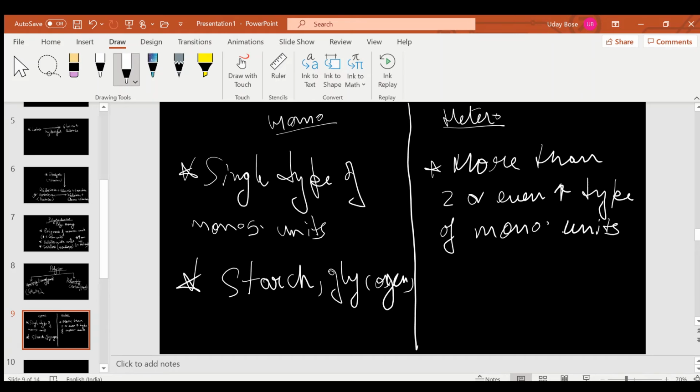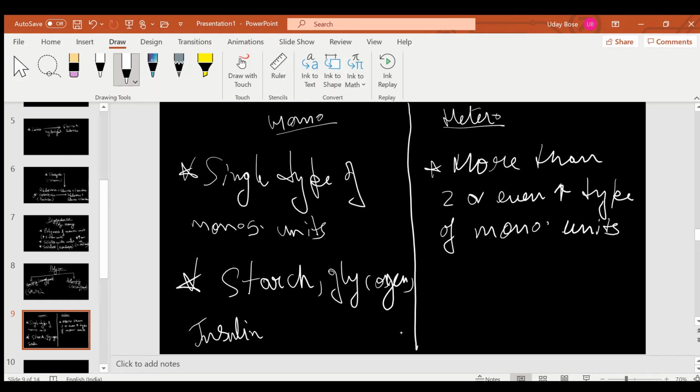Then inulin, which is present in ground vegetables grown beneath the soil, like sweet potato.